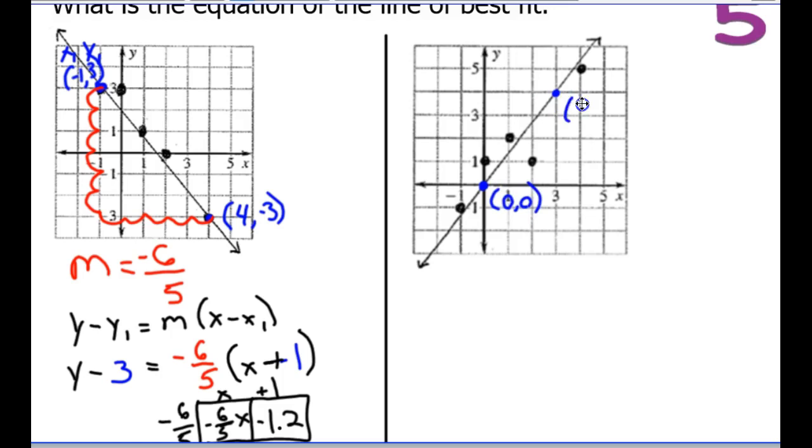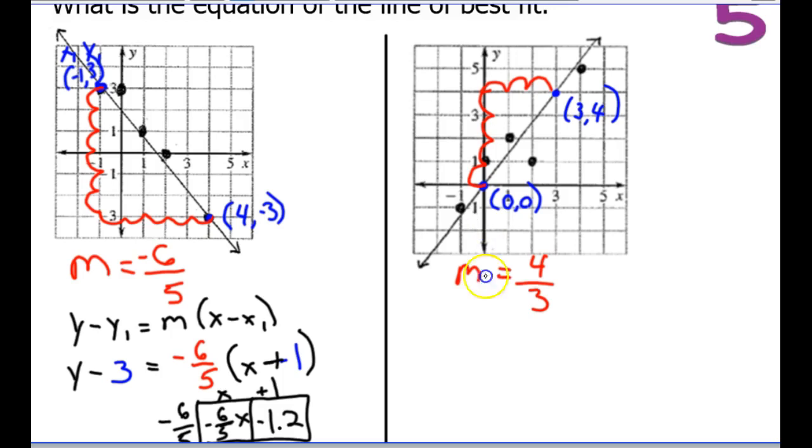This one's at 3, 4. So then after we have our points, we're going to find our slope. We're going up 1, 2, 3, 4, over 1, 2, 3. 4 over 3.